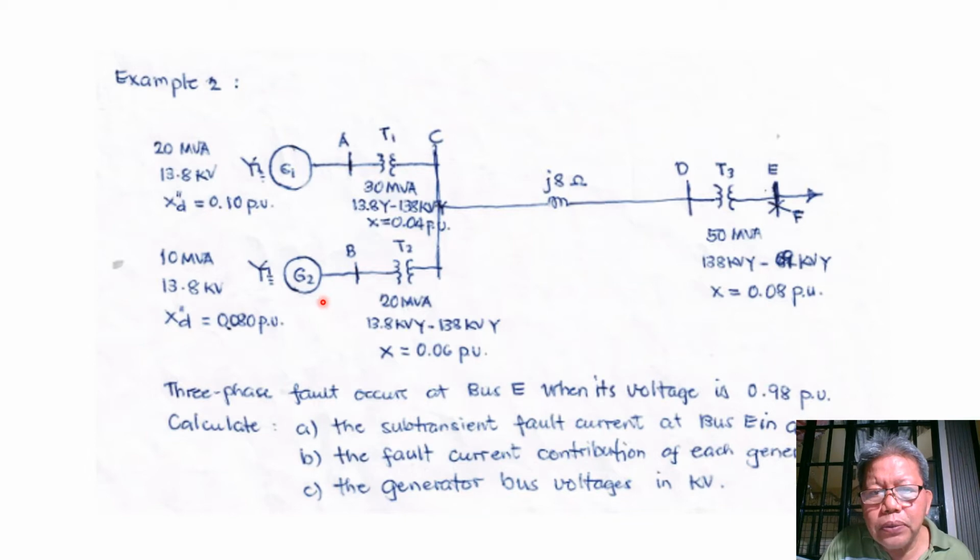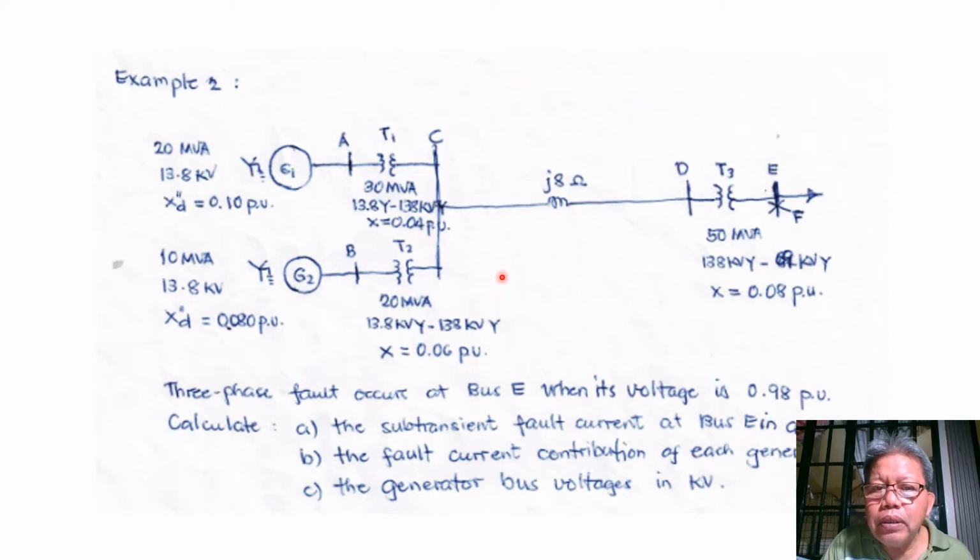Generator 2 also has a transformer T2 to step up its voltage from 13.8 to 138 kV. Its MVA rating is 20 with a voltage rating of 13.8 kV Y connected at the low voltage side, and 138 kV Y connected at its high voltage side. Its reactance based on its MVA rating is 0.06 per unit.